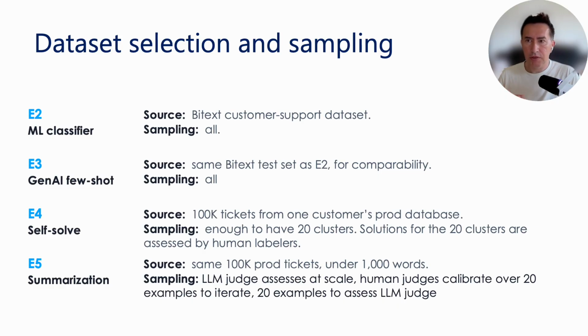For the machine learning classifier example, so E2 and E3, I would say in both of these cases we assume that we just use a public data set, which is labeled. We take it at face value, which means we assume it is labeled correctly, and we have no specific reason to sample a subset.